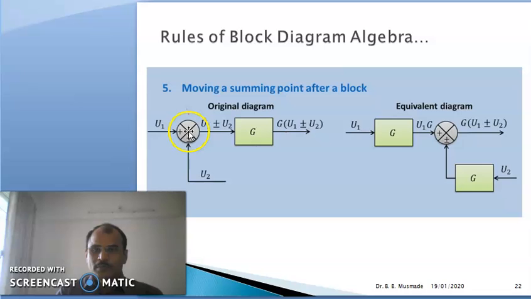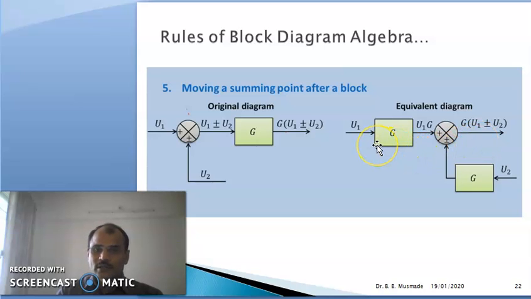Now if we simply move this summing point after this block, then we will not get the effective output, because G will not be coming on this path, and therefore the effective information will be different.